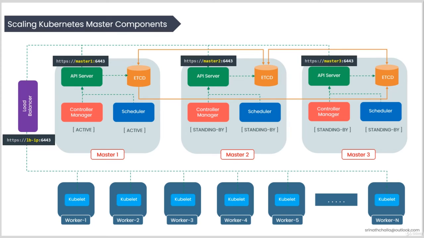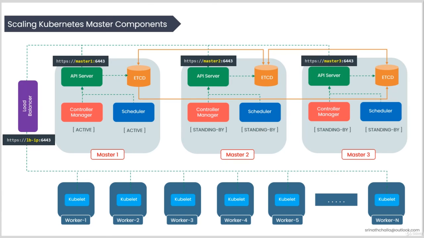Running multiple instances of each of these components would result in all of them performing the same action at the same time. So they would be racing each other, which could cause undesired effects, meaning creating two new pods instead of one. So for this reason, when running multiple instances of these components, only one instance can be active at any given point in time.